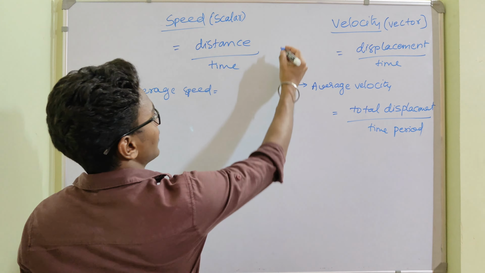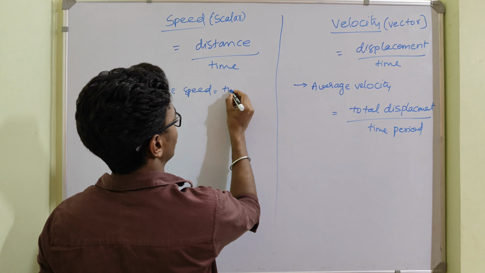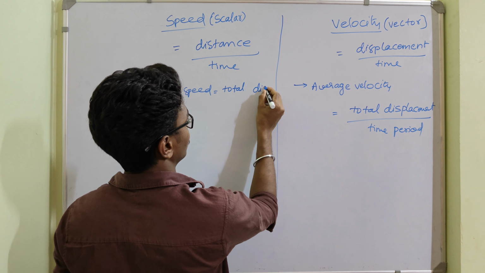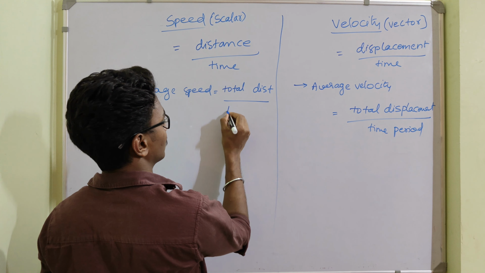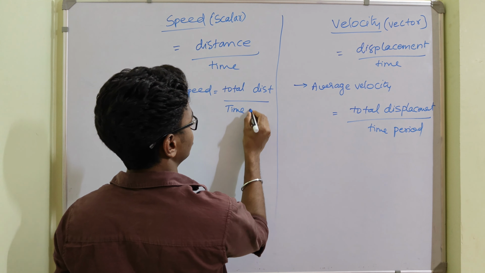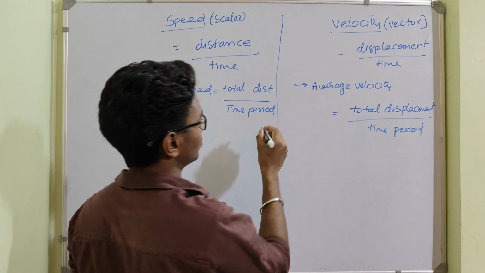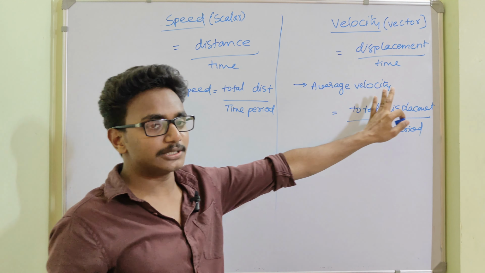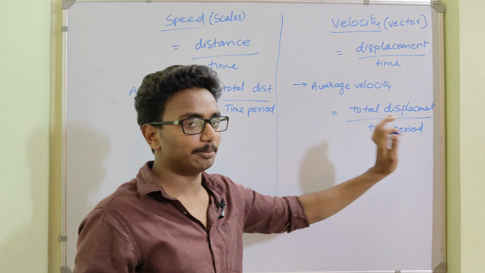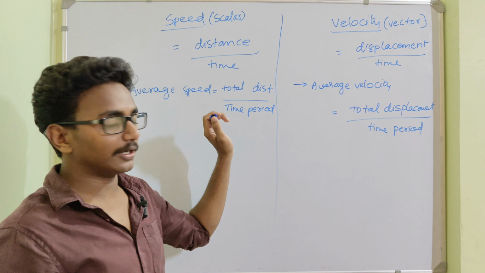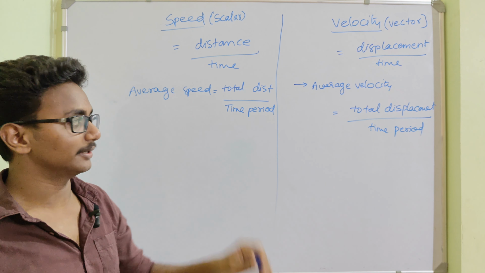Average speed can be defined as total distance by total time period. Look at the definitions. Average velocity can be defined as total displacement by time period. Average speed can be defined as total distance by time period.